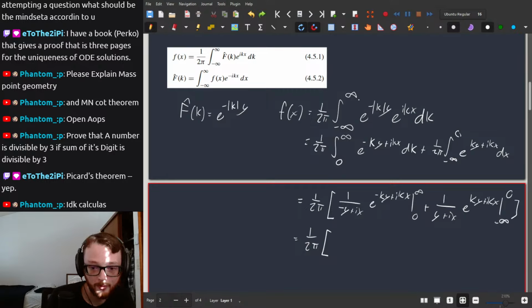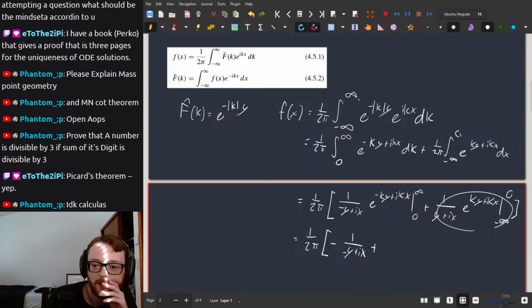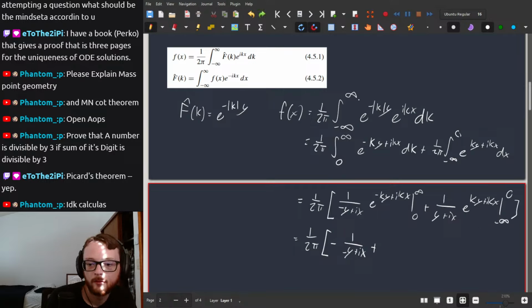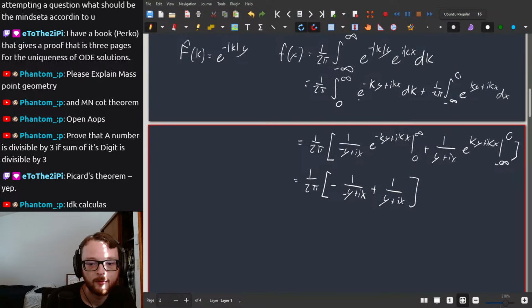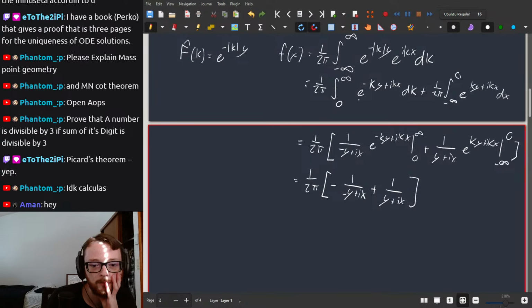When k equals 0, we just get e to the 0. So we're going to get minus, like that. Now over here, 0 is fine. Minus infinity goes to 0.